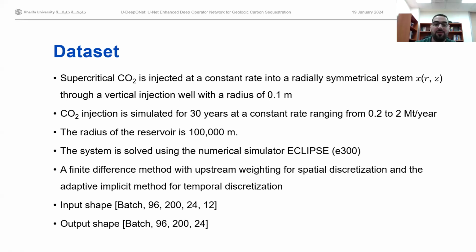The radius of the reservoir is 100,000 meters, and the system is solved using the numerical simulator Eclipse E300, a finite difference method with upstream weighting for spatial discretization, and the adaptive implicit method for temporal discretization was used to solve the system of equations. The input and output shapes are summarized here.